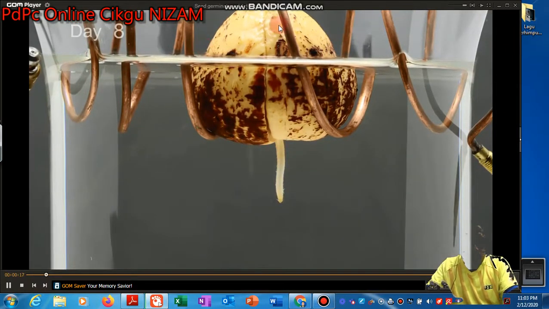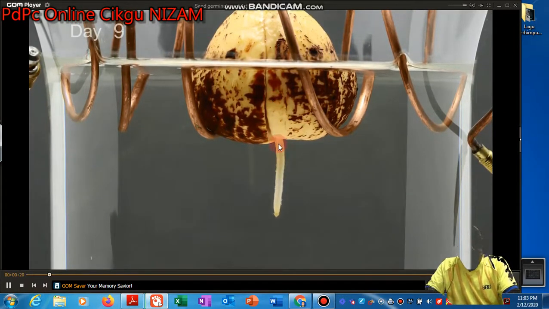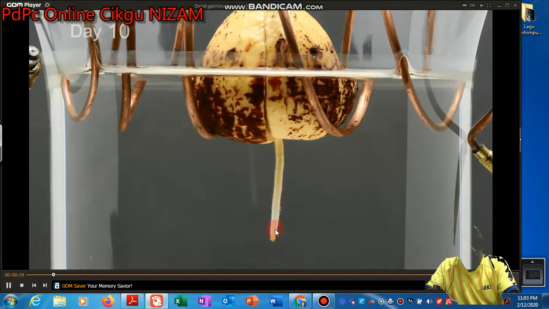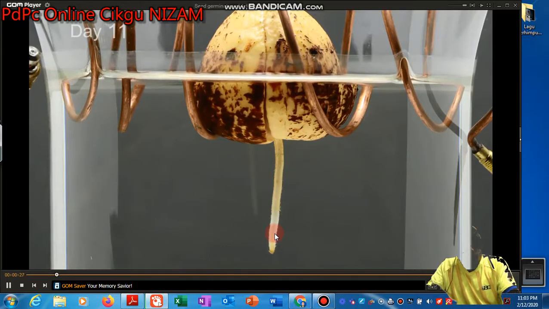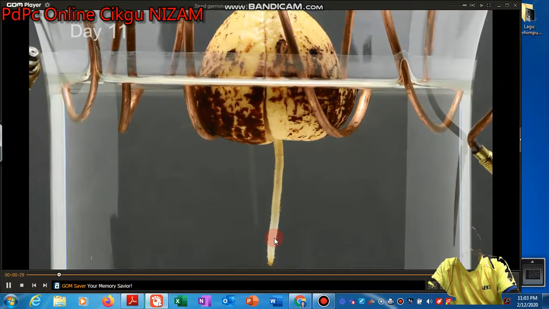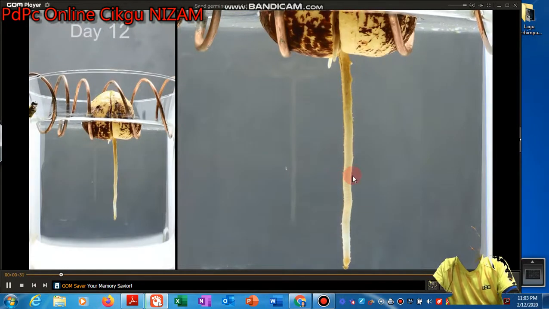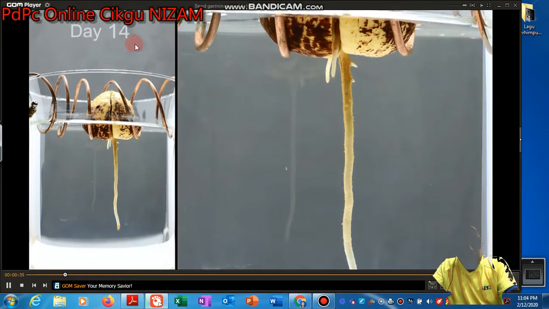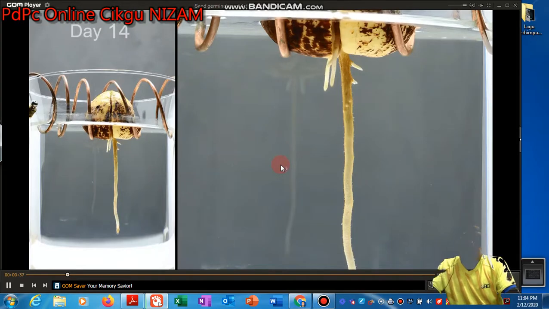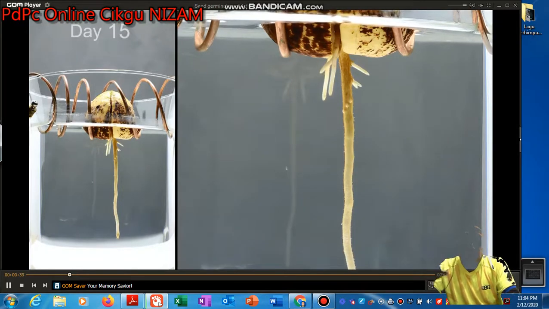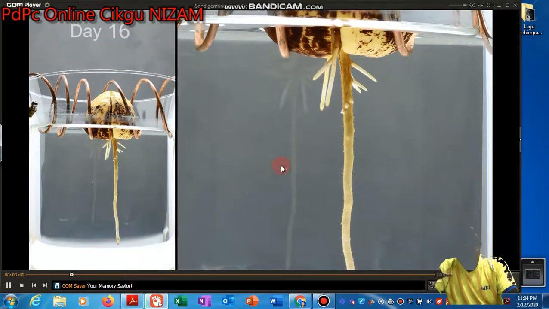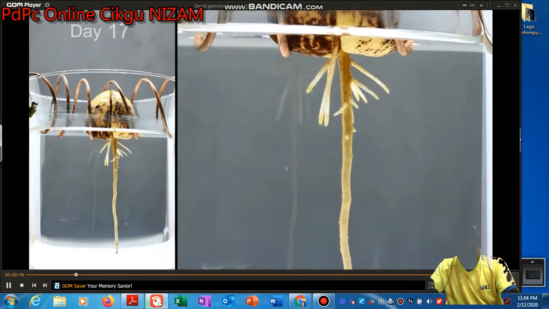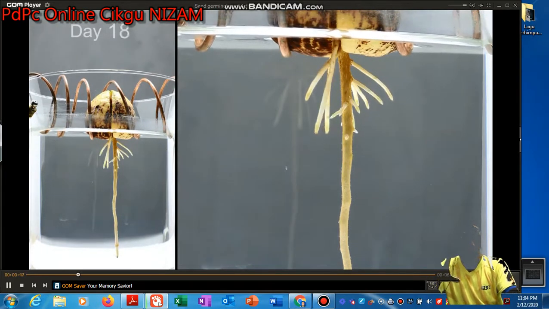Now this is the seed. We start with the production of the radicle that grows to become the root. You can see the day count here. In this experiment, they record the process of seed germination from day 1 until it forms a new plant.